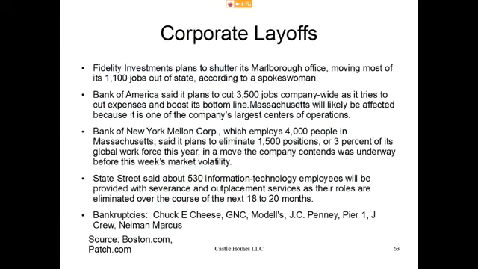And if you want to talk about corporate layoffs, Fidelity shut its Marlboro office, moving most of its 1,100 jobs out of the state. Bank of America cut 3,500 jobs company-wide. Massachusetts will likely be affected. It's one of its largest centers of operation. Bank of New York Mellon employs 4,000 people in Massachusetts and said it'll eliminate 1,500 positions.